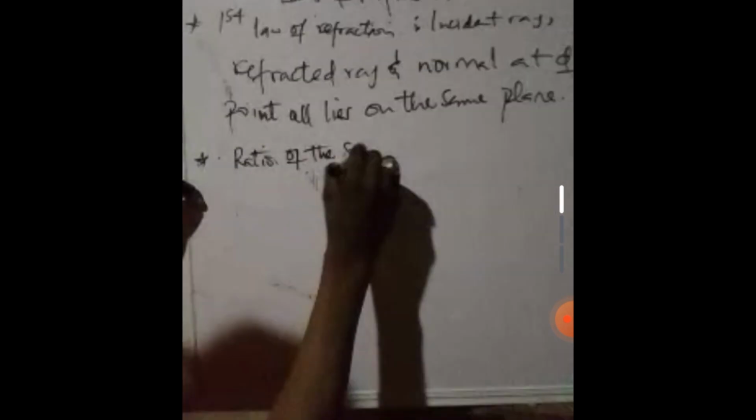Now the second law of refraction states that the ratio of the sine, S-I-N-E, of the angle of incidence to the sine of the angle of refraction is given by a constant.